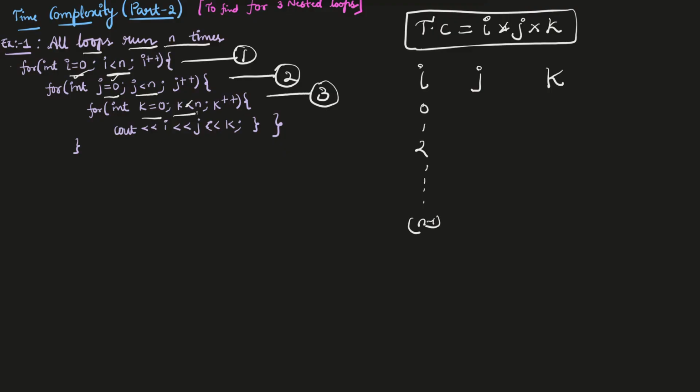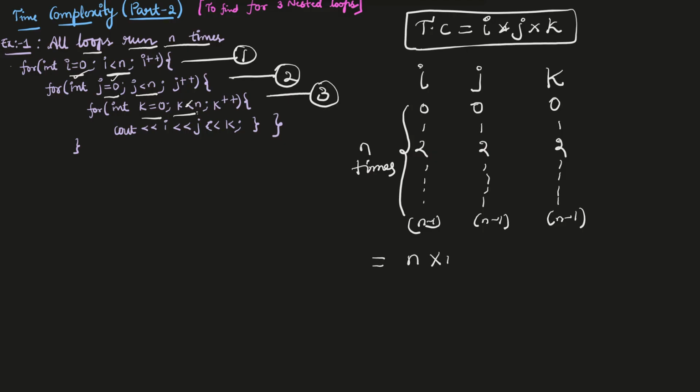The same goes with j, and the same goes with k. All three run from 0 to n minus 1, which means each runs n times. So i runs n times, j also runs n times, and so does k. So the value of this is n cube. Therefore, the time complexity is order of n cube.